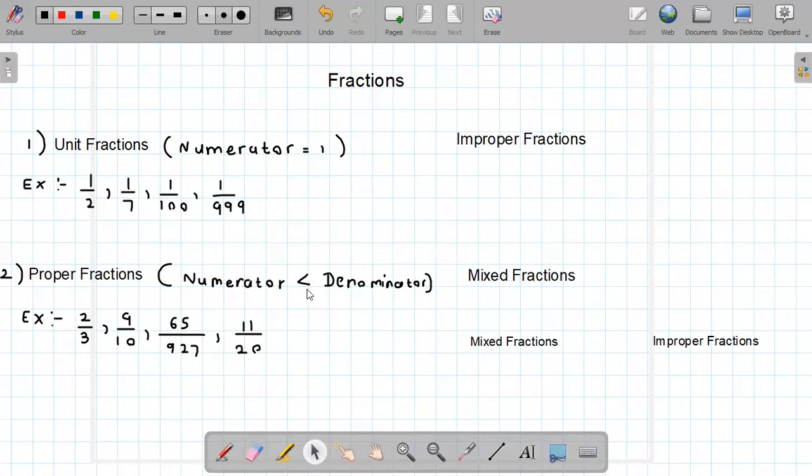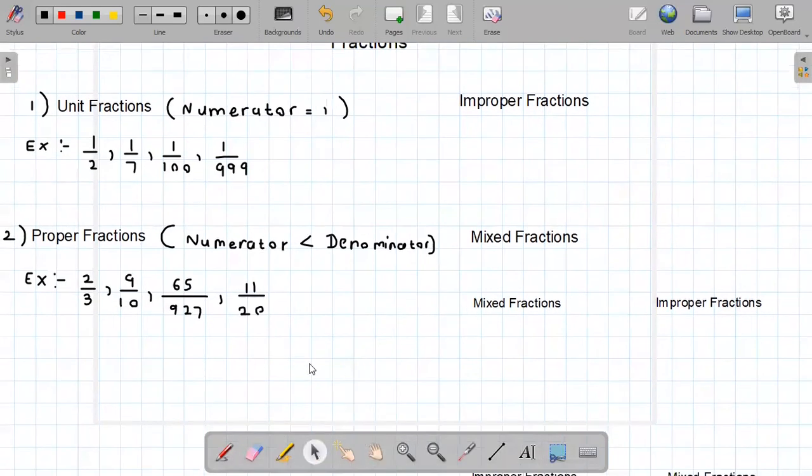So here I have denoted it with an inequality mark, right? In this inequality mark, this open side shows always the higher side, and this is the smaller side. So it means the numerator is smaller than the denominator, right?